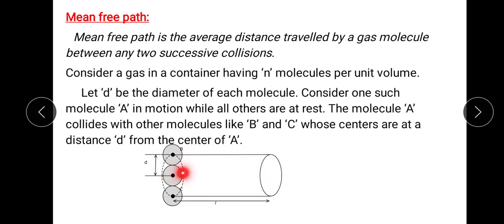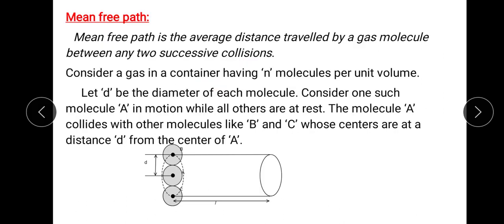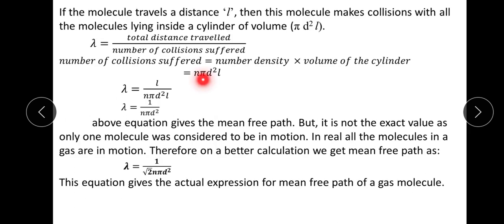This molecule has to undergo a collision with each molecule of this cylinder. That is why the number of collisions suffered is equal to the number density times the volume of the cylinder. The number density is n, and the volume of the cylinder is pi d square L, where d is the radius of the cylinder and L is its length.